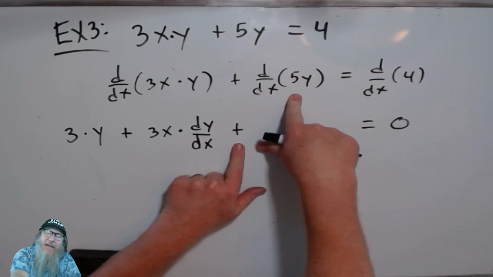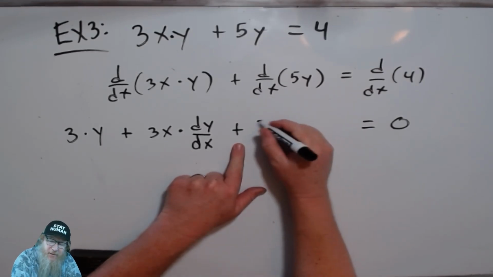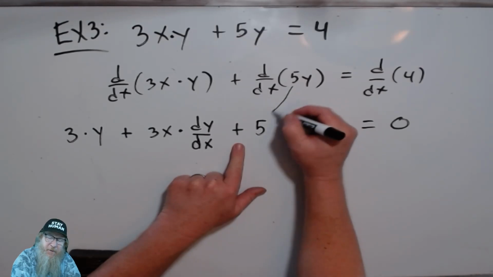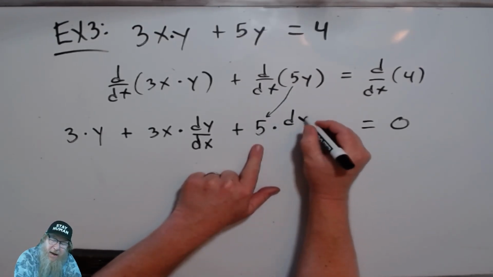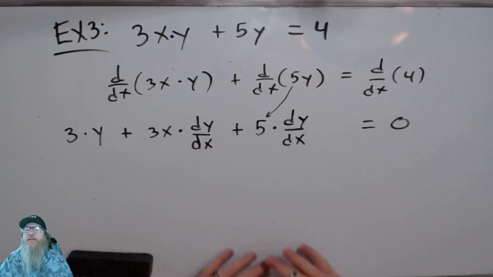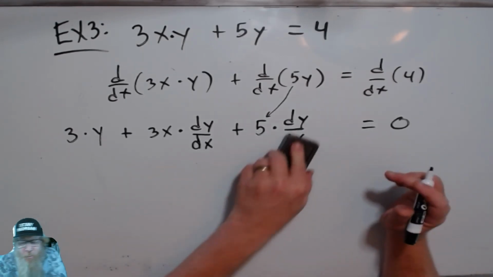Now that is not a product rule because the 5 is a constant. So the 5 comes out in front, and then you just multiply by the derivative of y. Well, the derivative of y is dy dx. Now, technically, there's a 1 here.